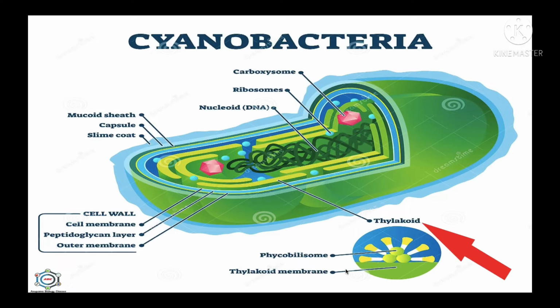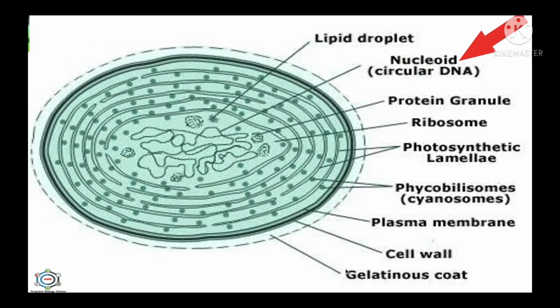The photosynthetic pigments present in the cells are chlorophyll a, beta carotene, myxoxanthophyll, myxoxanthin, C-phycocyanin, and C-phycoerythrin. The central nucleoid, see here, this is the nucleoid region, which has circular DNA with several irregularly arranged fine strands of DNA, and these DNA strands are naked, that is, they are not associated with histone proteins.